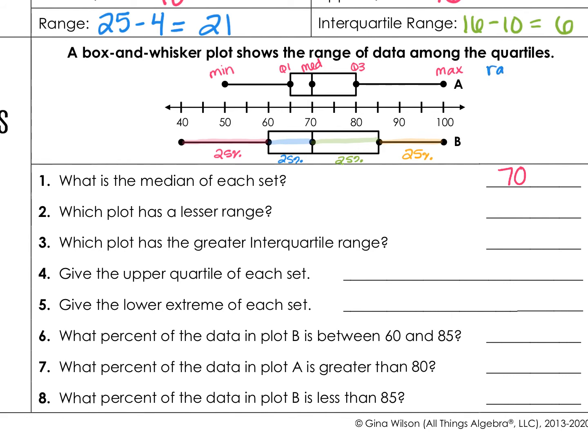So the range for set A would be that maximum of 100 minus the minimum of 50, which is 50. The range for set B would be that maximum of 100 minus the minimum of 40, which is 60. So set A has the lesser range.